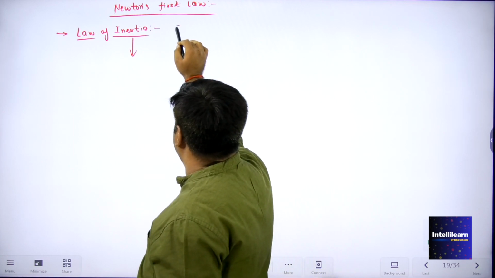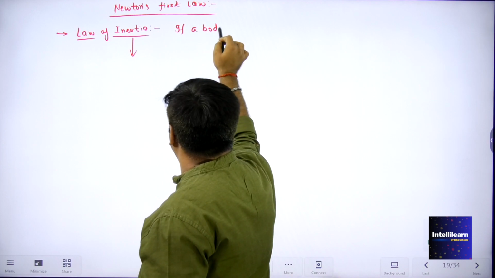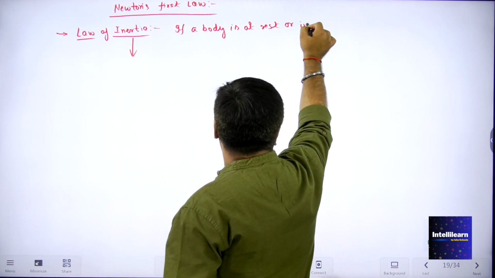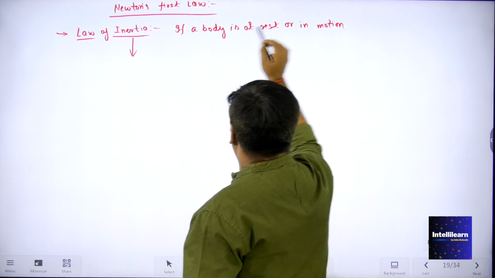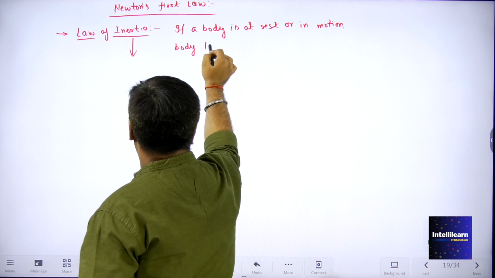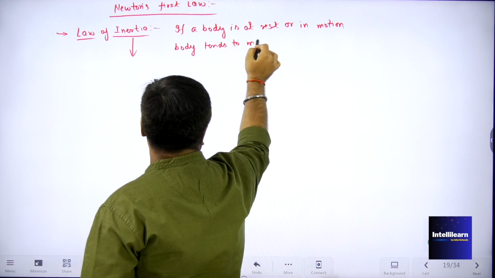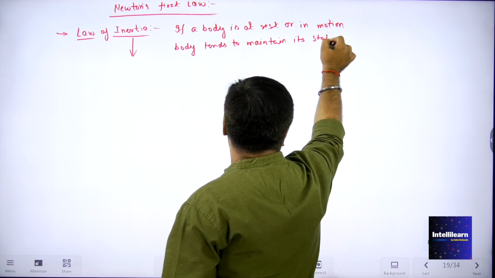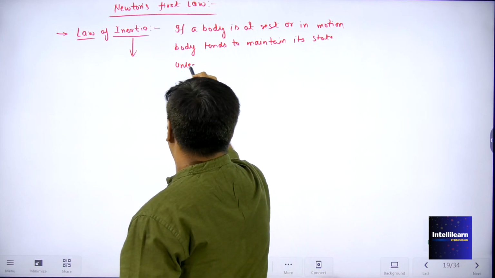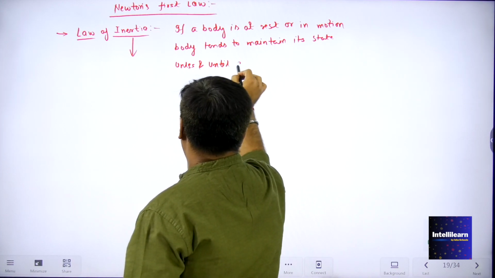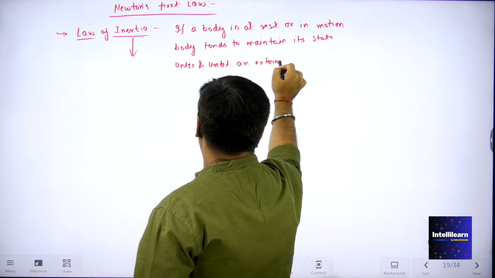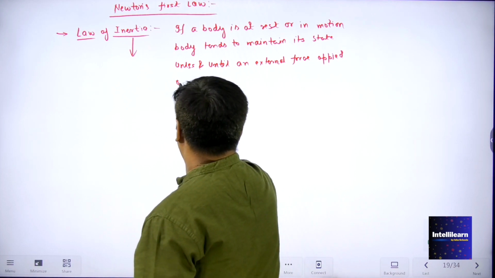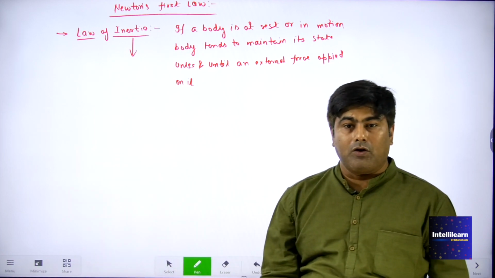The law of inertia says that if a body is at rest or in motion, the body tends to maintain its state unless and until an external force is applied on it. That is your law of inertia.